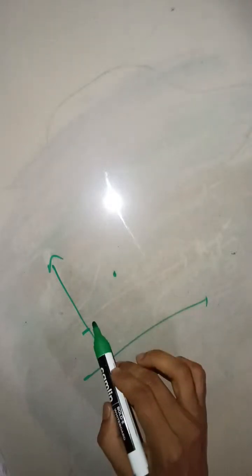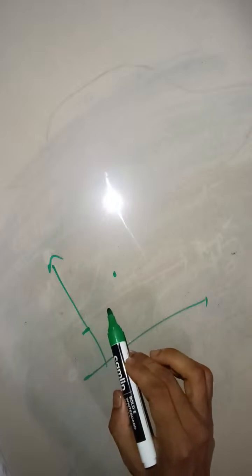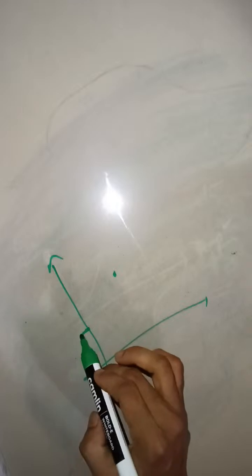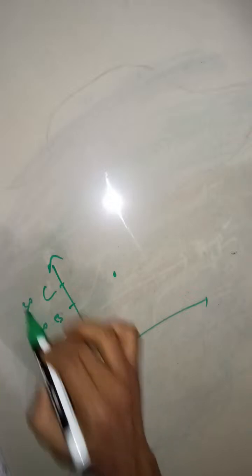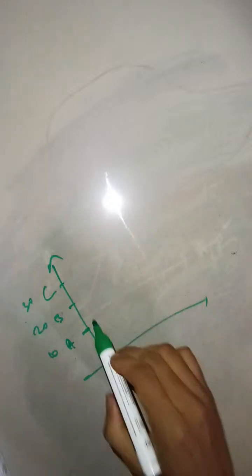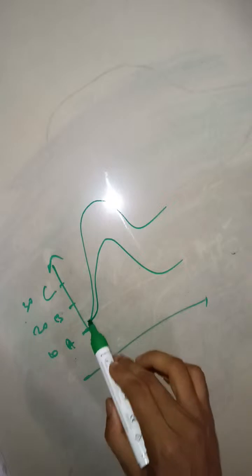Okay, you have started putting some temperature from this area. A, B, C points, for example 10, 20, 30. If the graph is like this, then it is normal. If the graph is like this, and like this, three different types of graph will be there.